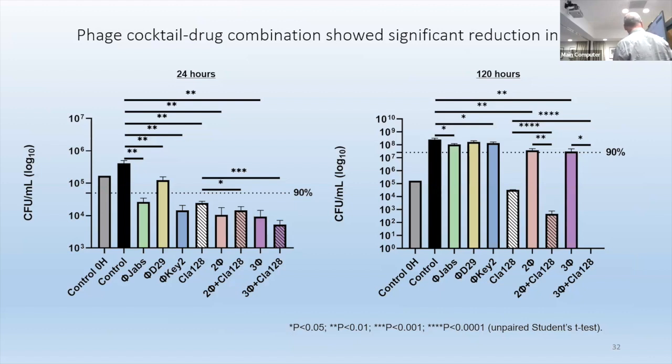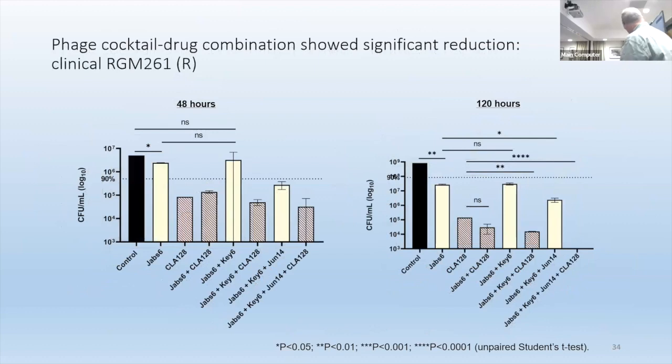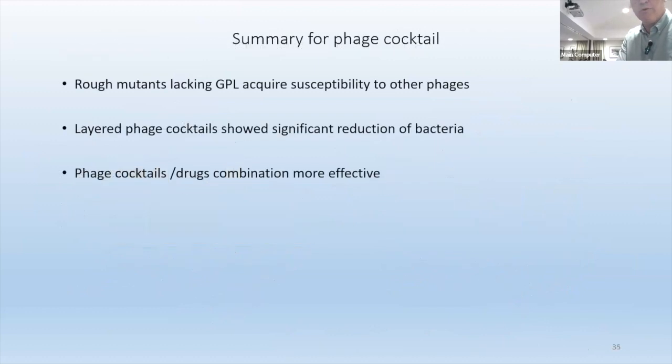But when we combine it with a macrolide, we have a very significant effect. And again, this is using a clinical isolate, the smooth morphotype, and the rough morphotype. So we see that the combination with the antibiotic is really, really important.